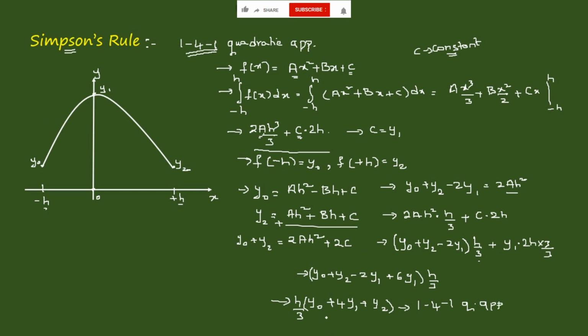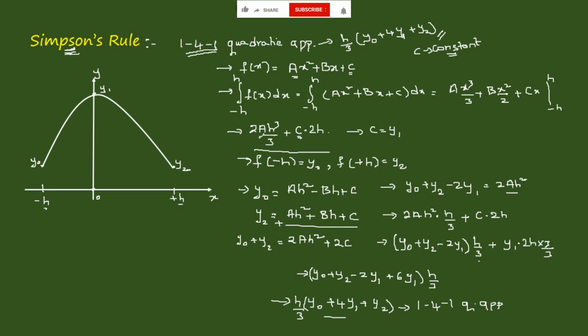Simply to find the area of it, the general 1, 4, 1 formula is this one, and you have to remember this particular formula: h by 3 into y0 plus 4 times y1 plus y2. This is the 1, 4, 1 rule to find the area of a quadratic equation approximately.